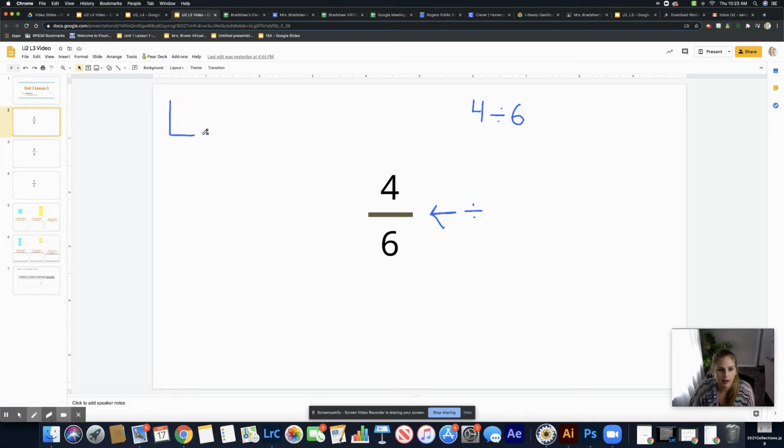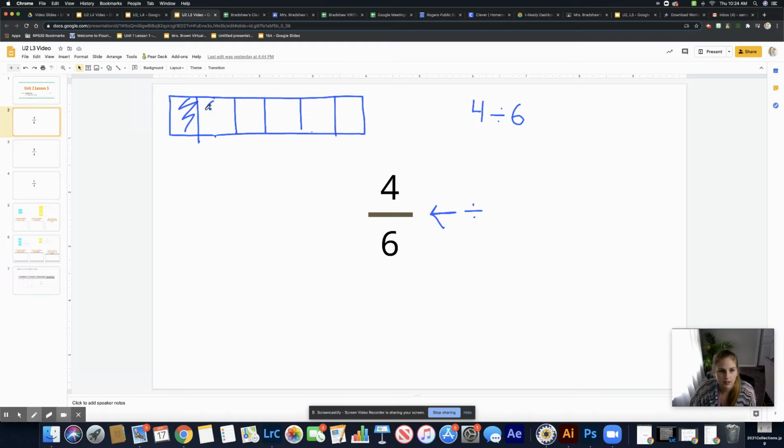How can I model 4/6? Well, if I drew one whole, I could split it into 6 equal parts. 6 equal parts, not 4. Try that again. And then I would shade 4 of those.